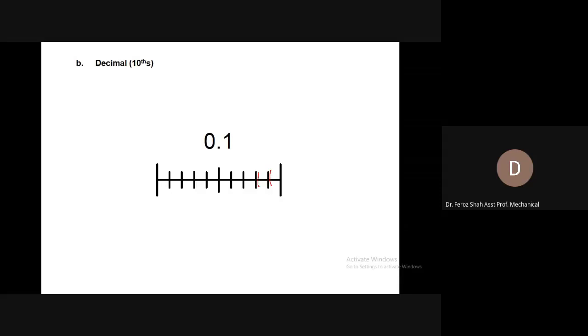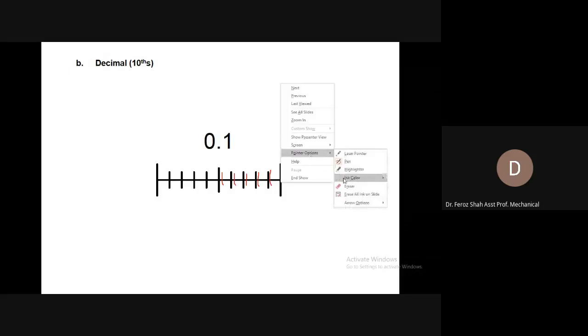Now, first division, second division, third division, fourth division, and the fifth division is lacking behind this division. So you have not accurately opened the compass. So for the next try, open your compass a little bit more.